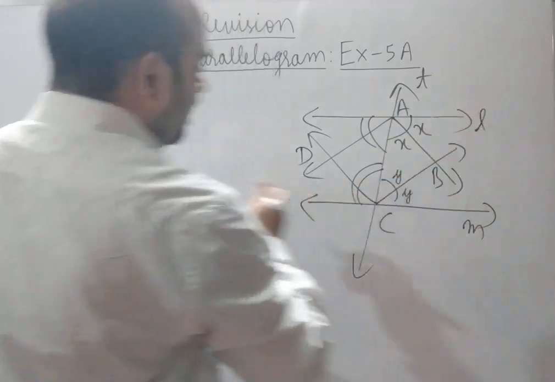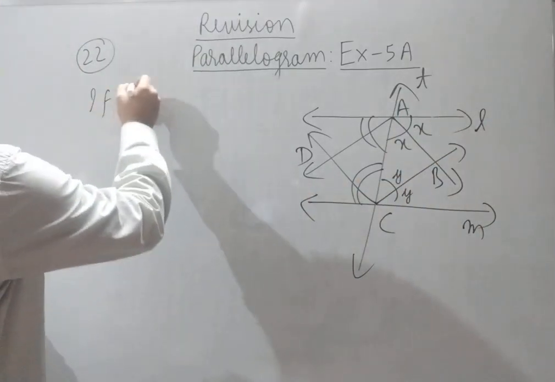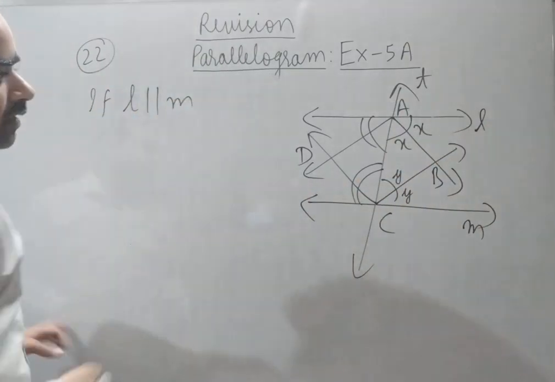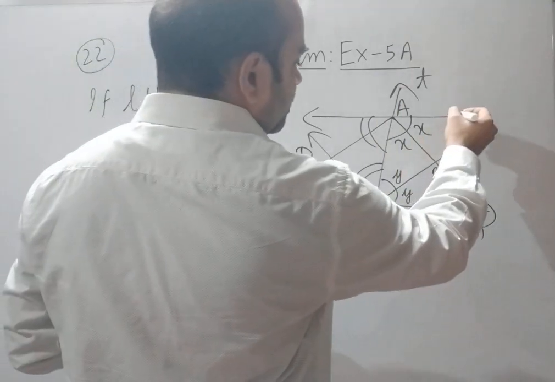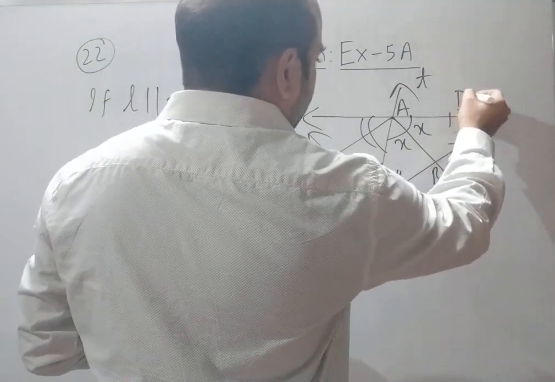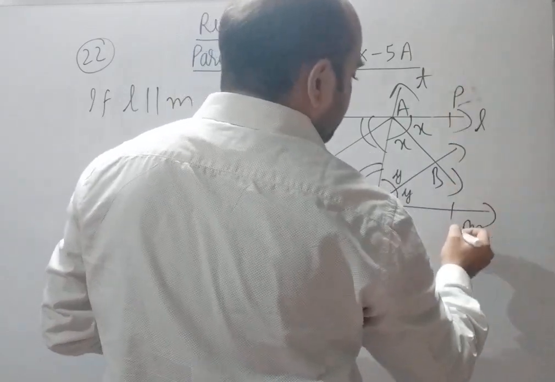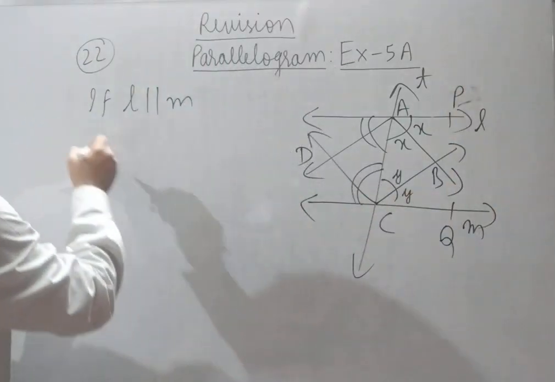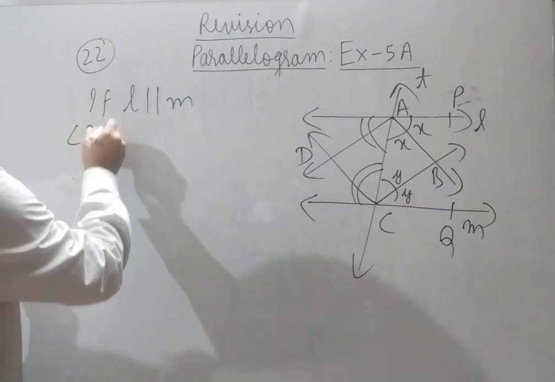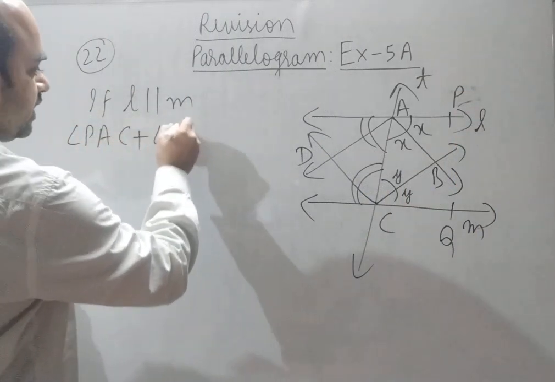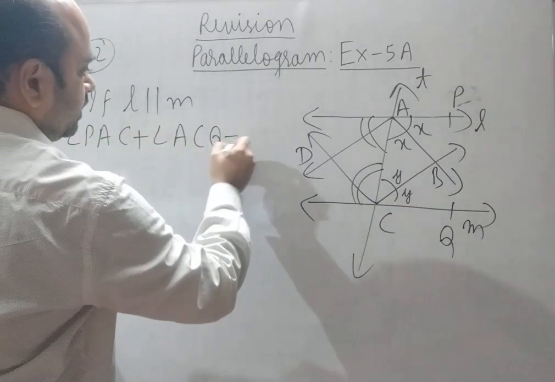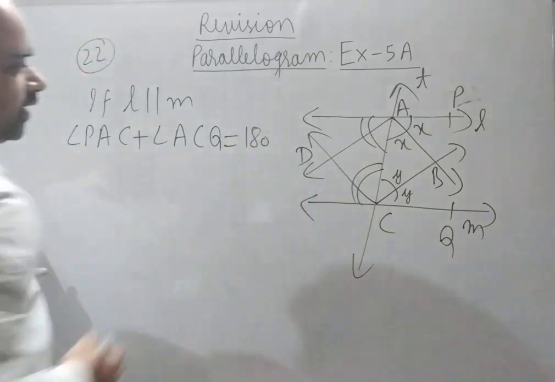So first take this. Now, if L is parallel to M, correct? Suppose this is P, this is Q. What will be the sum of angle PAC plus angle ACQ? This will give the sum 180. Why?